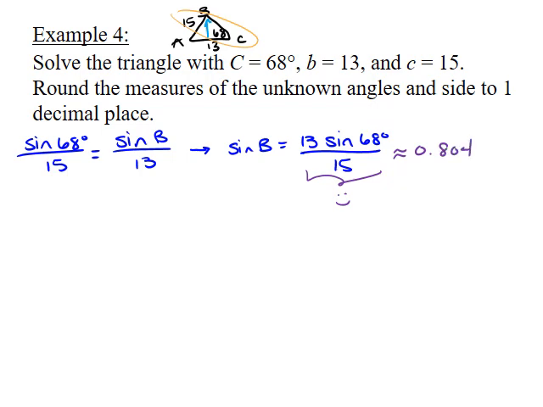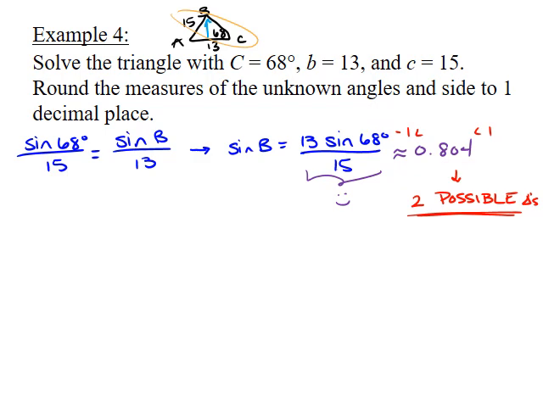Because this value is between -1 and 1, this means that there are two possible triangles. So there will either be one triangle or two in this case.